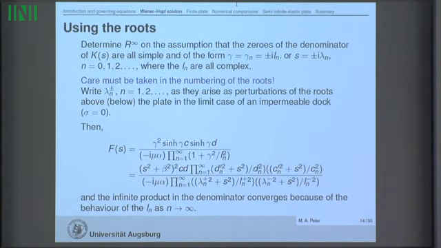Anyway, we can do that. It's a slightly tedious calculation, but it turns out that this f of s, this thing that I split up and evaluated as a Cauchy integral before, actually has this infinite product decomposition. Okay, and you see what I need for that. Unsurprisingly, I need exactly the roots of the dispersion relation in the porous plate region, which is something I wanted to avoid, but just to show you that this can be done.